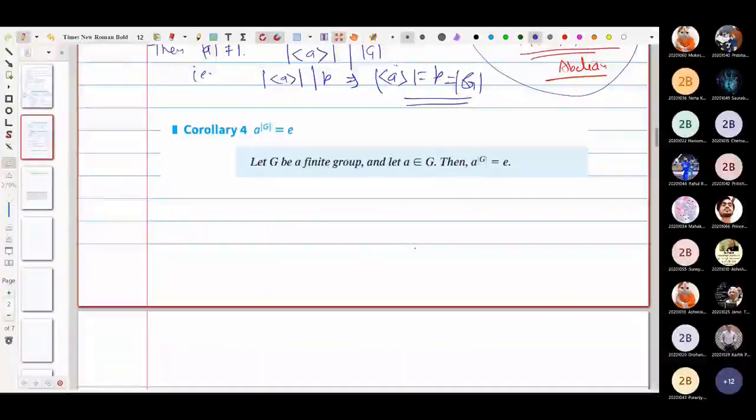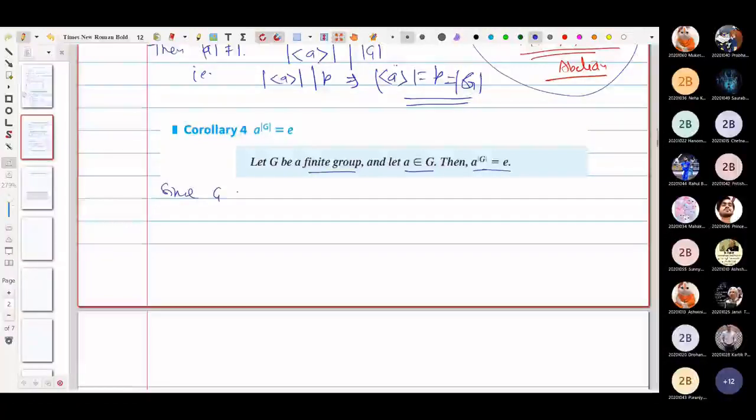Next, corollary number 4. This says that if G is a finite group and A belongs to G, then A raised to the power order of G is equal to the identity.